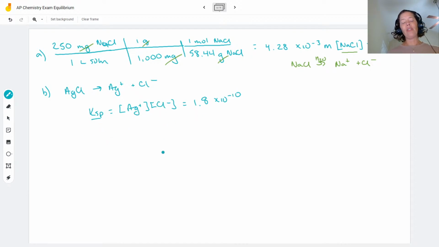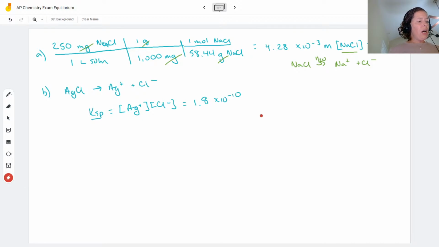We need concentrations for either the silver or the chloride to solve for something, right? Well, what do we have just right up here? We've got our concentration of chloride already popped in. Okay, so we can actually plug in for our concentration of chloride here, and then we can figure out what's going on with the silver.